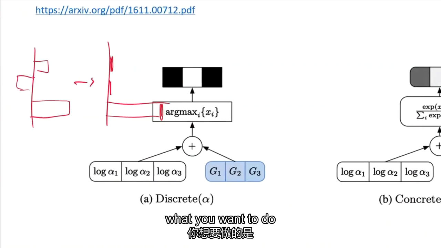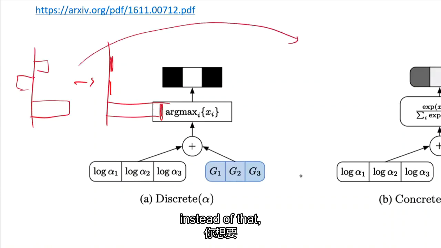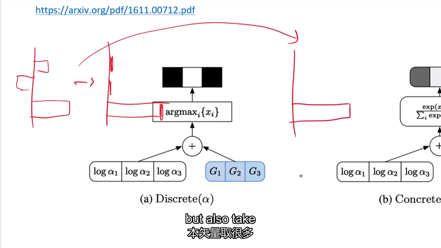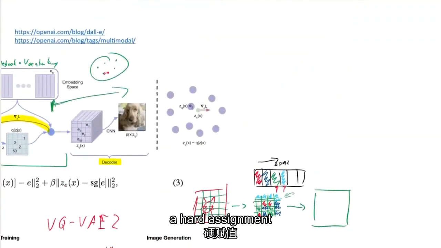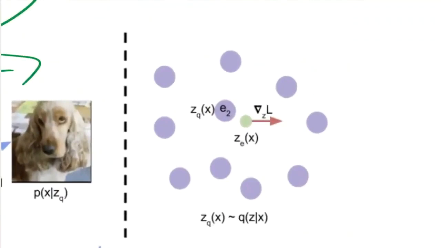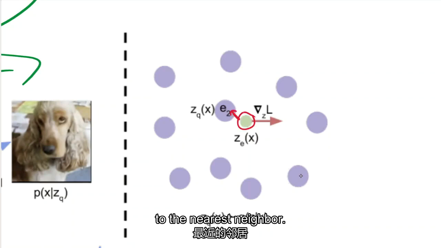Now, what you want to do when you relax this is say, well, instead of that, you could take that codebook vector a lot, but also take a little bit of the others. So more than doing a hard assignment to a codebook vector, here would be the output of your encoder, and you hard assign it to the nearest neighbor. You want to say, well, I'm going to soft assign it to all of them.